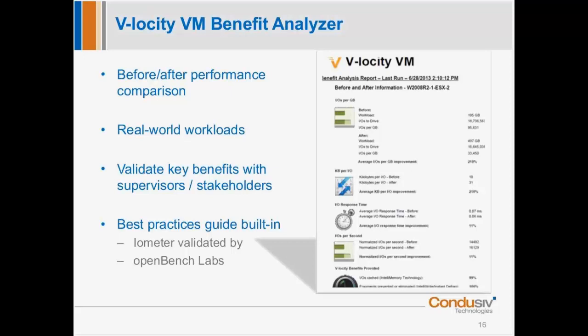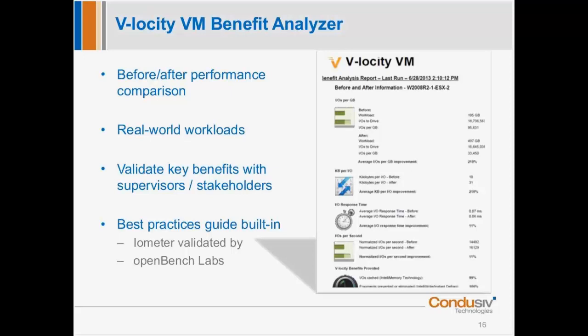So, Robert, you mentioned earlier, based on the OpenBench, at what point should people start seeing performance improvement once they turn the analyzer on? So how the analyzer works is that once it's installed, it installs our product as well as the analyzer, and then it monitors your system for 24 hours and gets a performance profile of that system without our software running.